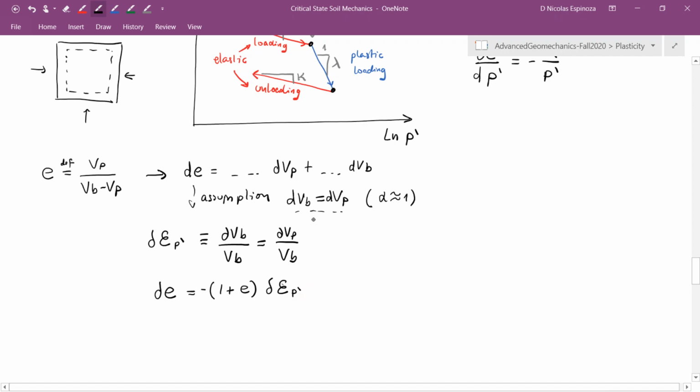This is just math and comes from this volumetric relationship. So don't worry much about how specifically you get there, but believe me that it's true, and you can also check it on your own.